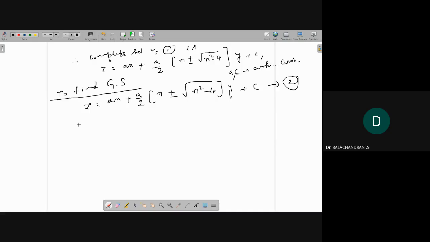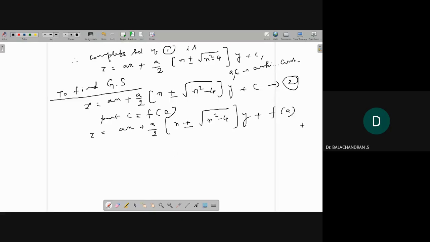Now substitute c equal to some function of a. So z equal to ax plus a by 2 into n plus or minus root of n square minus 4 into y plus f of a. Call this equation number 3.